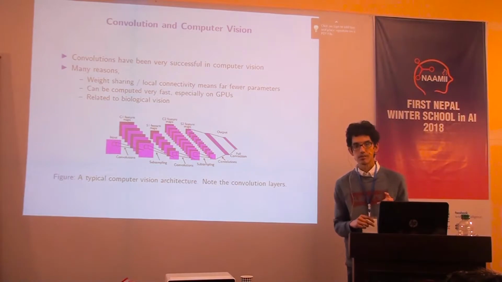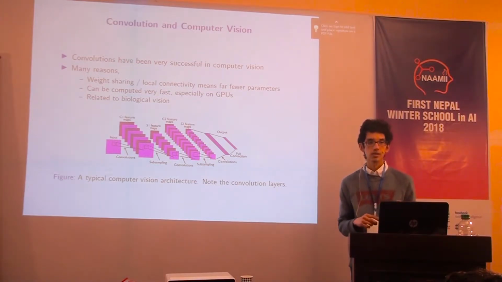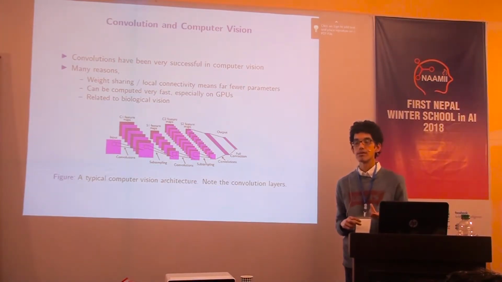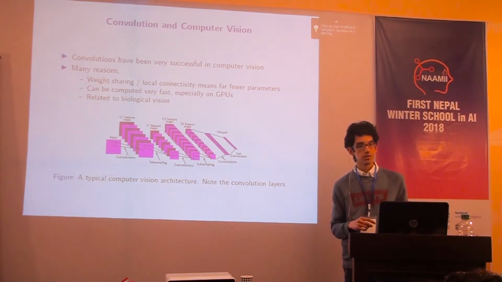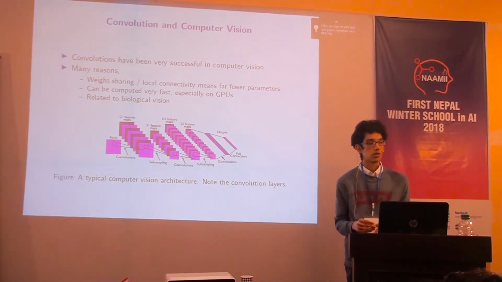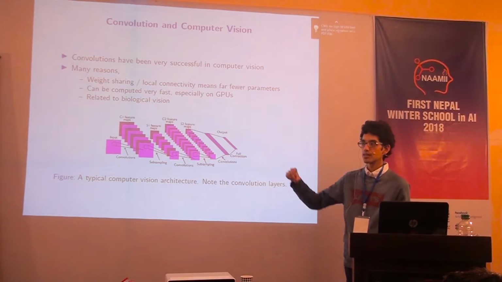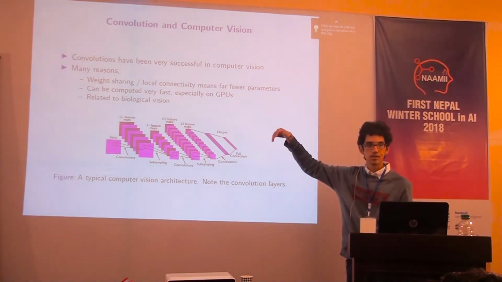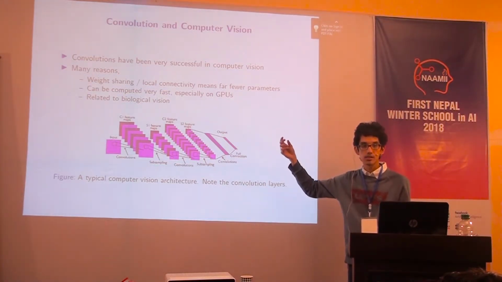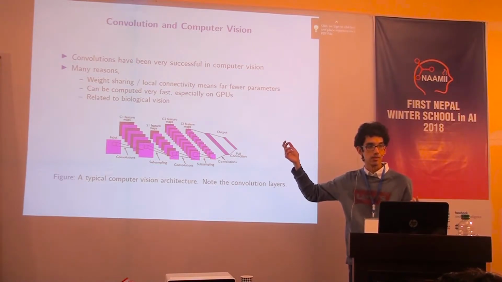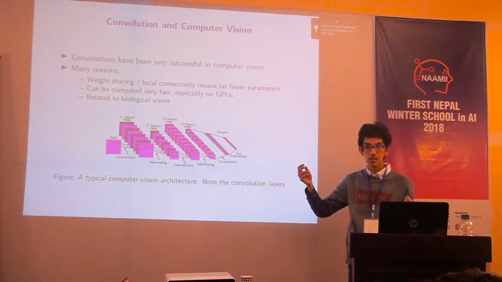A second reason for them being successful in practice is that these operations can be computed very fast in GPUs, actually in general. What I'm showing looks like a product over all these pairs, so you would think it's a quadratic operation, but it's not.